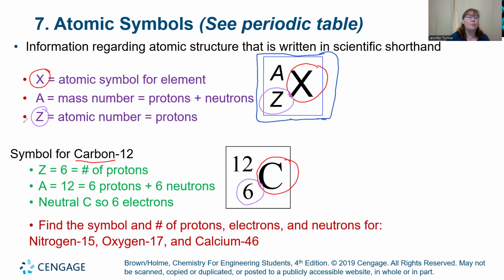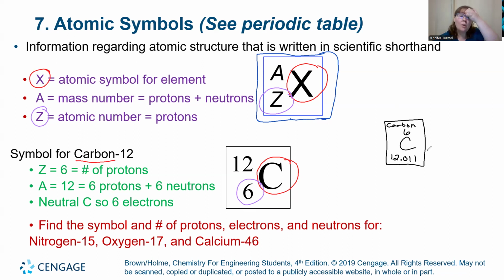So let me draw real quick what you would see. If you're looking at your periodic table again, the box for carbon on your periodic table, make sure you're finding it, has a big C in the middle here and the word carbon here. Then it has a 6 right here and 12.011 down here.